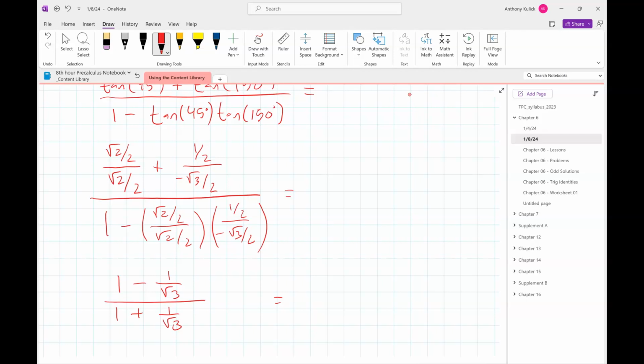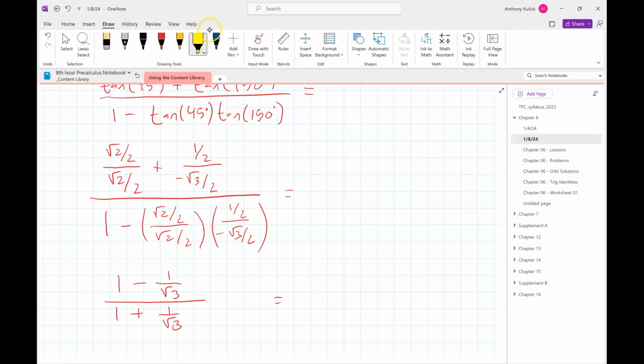I have some negative signs bouncing around there that I consolidated. Questions so far? Okay. Now, two issues with this answer. One, I have fractions inside of fractions. Don't love that. Number two, I have radicals in the denominator. Don't love that. Let's take care of the fractions inside of fractions part first.